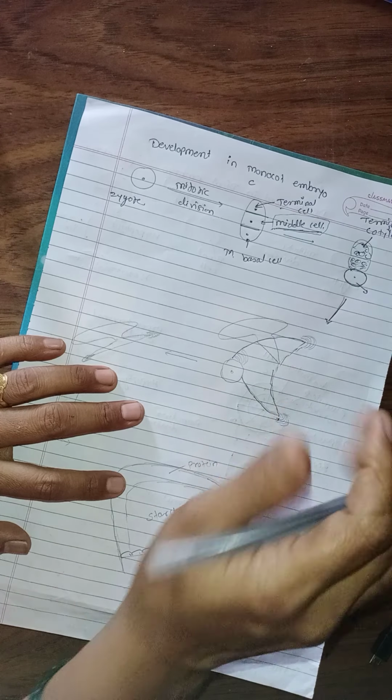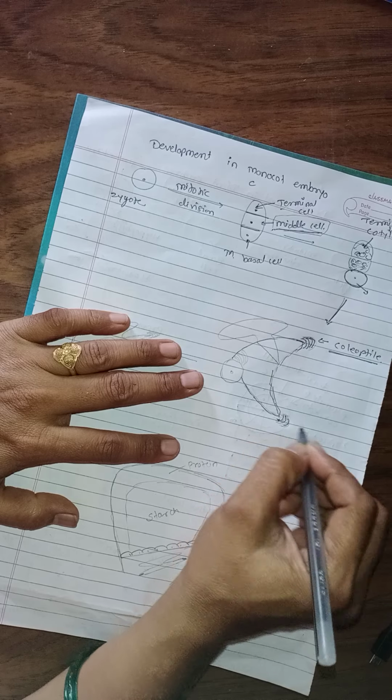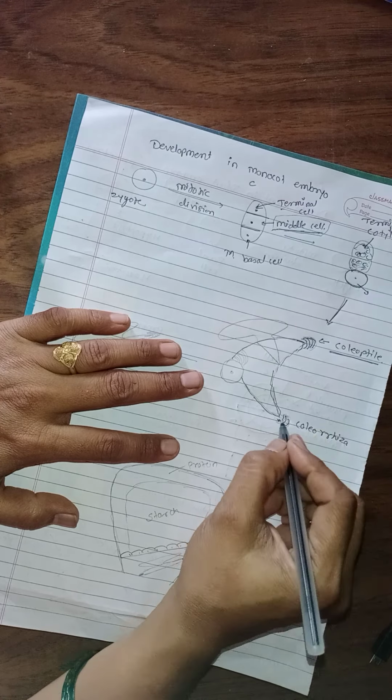This is monocot embryo. These cells are known as plumule, but in monocot it is known as coleoptile. And this structure is radicle in dicot, but in monocot it is known as coleorhiza. This is basal cell. These structures arise from middle cell.